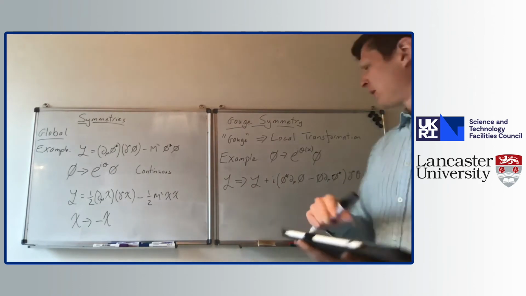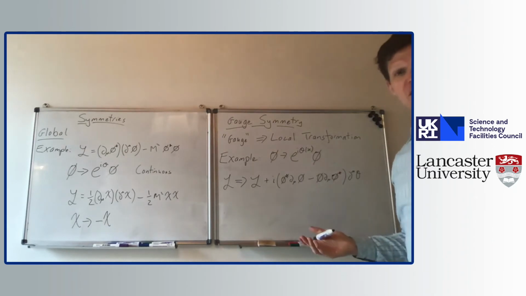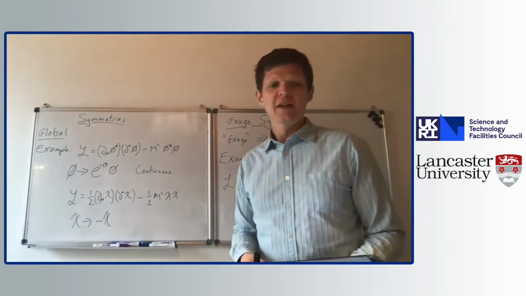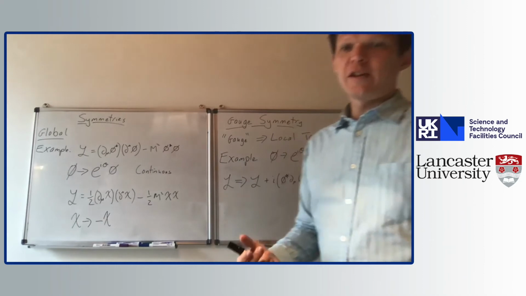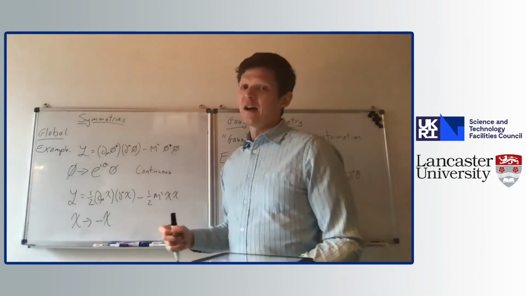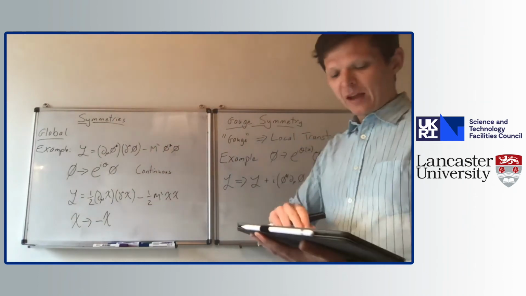And what do we do with it? One could, for instance, just say that this transformation is not a symmetry of that theory, which is correct. But could we modify the theory in some way such that this transformation really does become a symmetry of the theory? Indeed, we can.